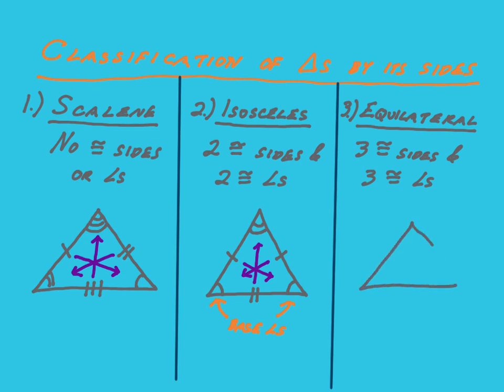If we drew this, all the sides have to have the same marks. So we can put one mark on each side. It's also going to mean that each angle has to be the same as well.